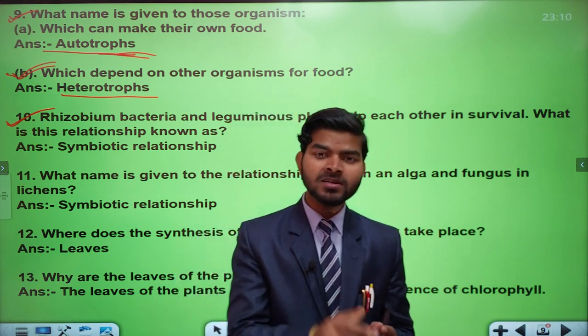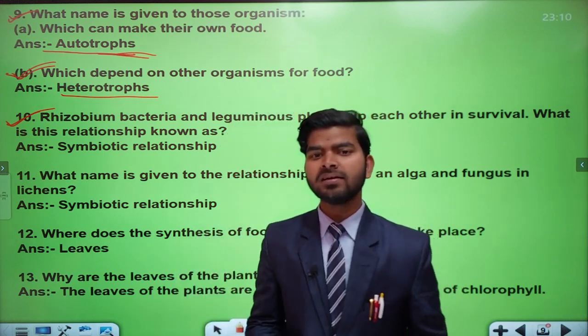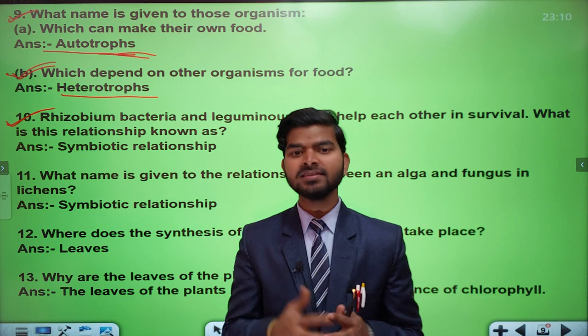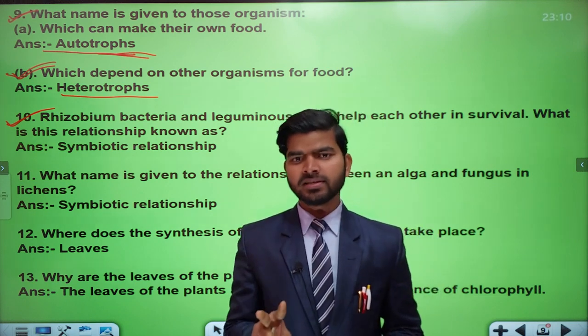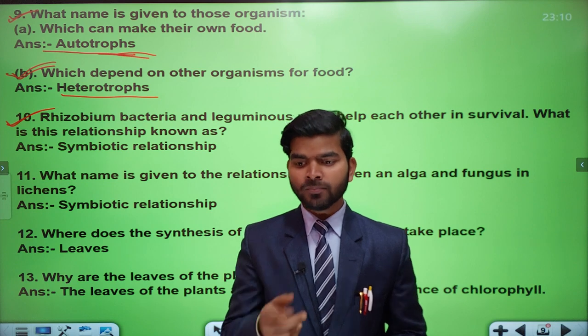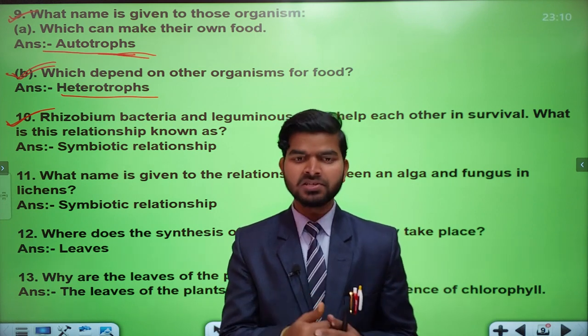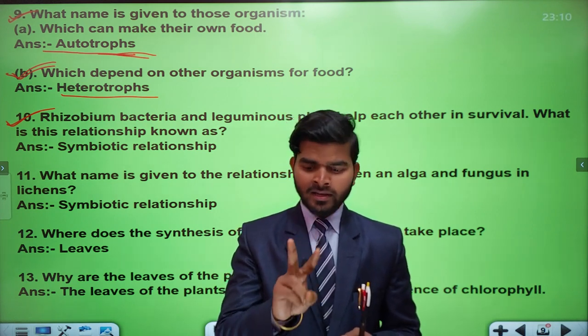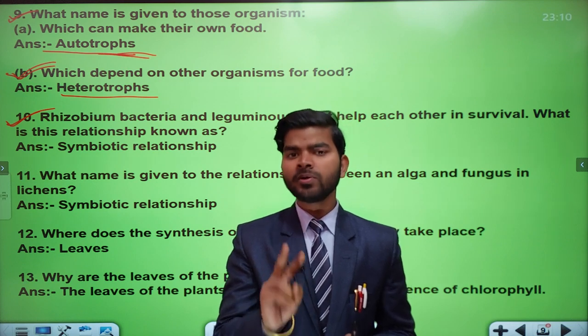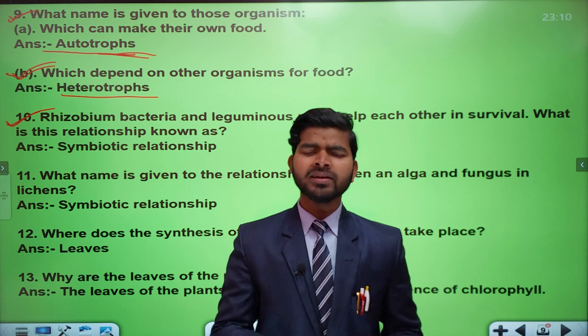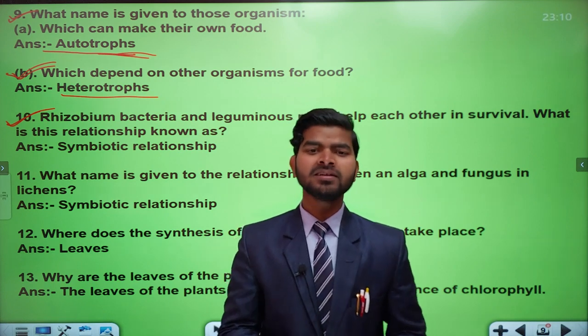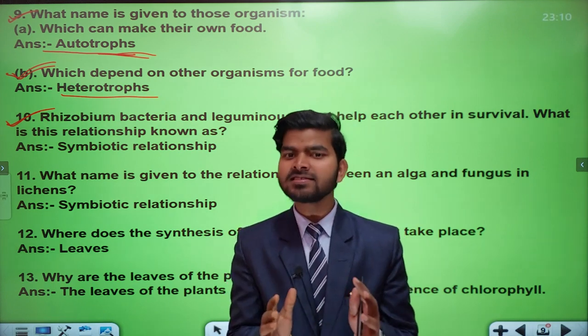In symbiosis, there are two different organisms and both of them help each other, whether to get food or for anything else. This is the symbiotic relationship.